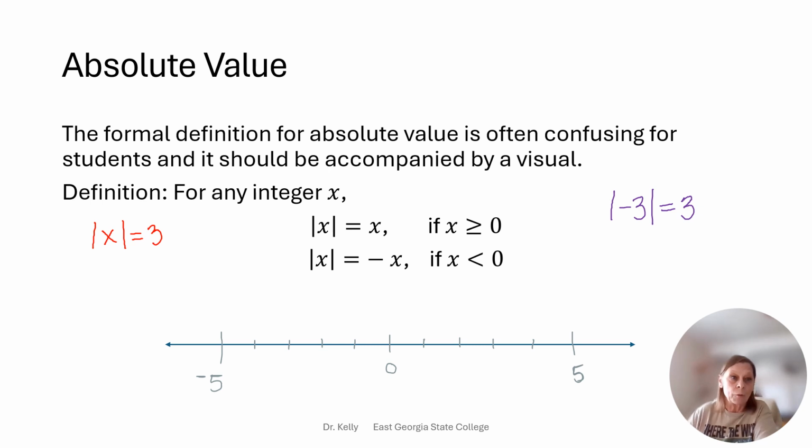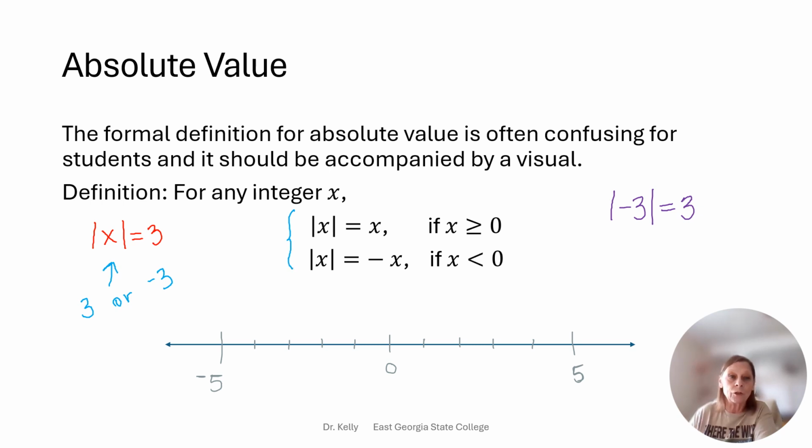Well, 3 would make this true, of course, or the other number that could make it true is -3. And that's really what this is saying in just really awkward math language.